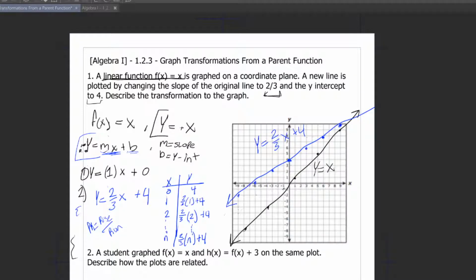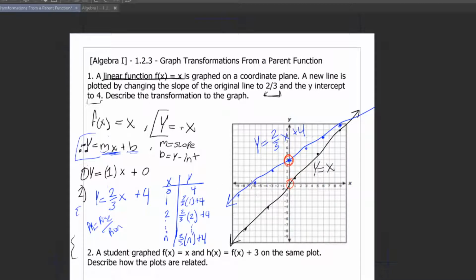I'm using a different color so you can see the changes. We went from a y-intercept where, whenever x equals 0, y equals 0, to a translated y-intercept where, whenever x equals 0, y equals 4. So we increased by 4.